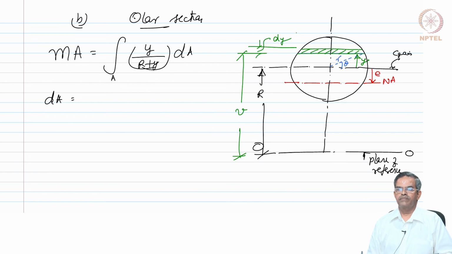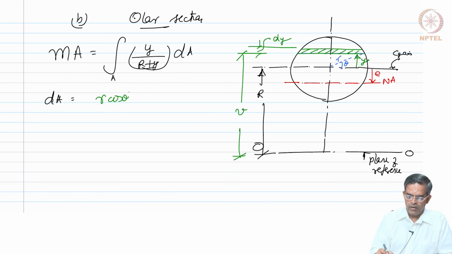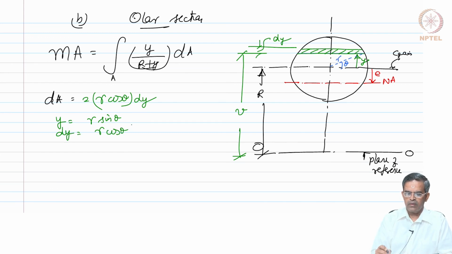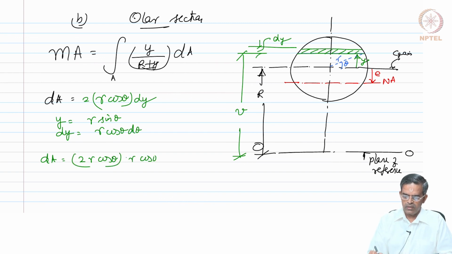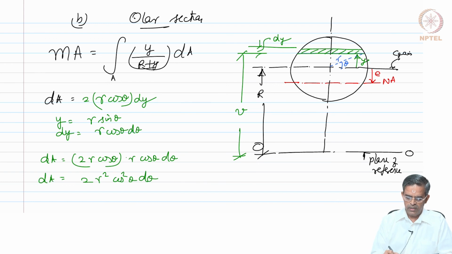Width of the strip will be r cos theta into 2, into dy. What is y? Can I say y is r sin theta? In that case, dy will be r cos theta d theta. So now dA will become twice r cos theta times r cos theta d theta, which will become 2 r square cos square theta d theta. That is my dA. Am I right?